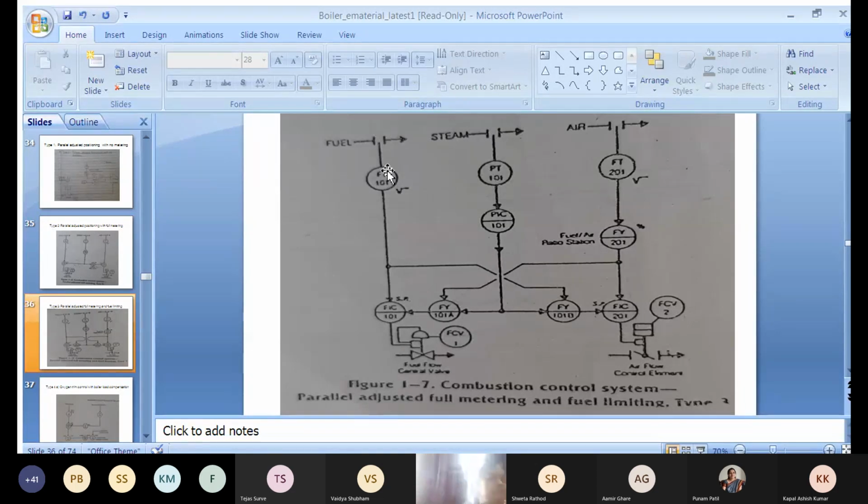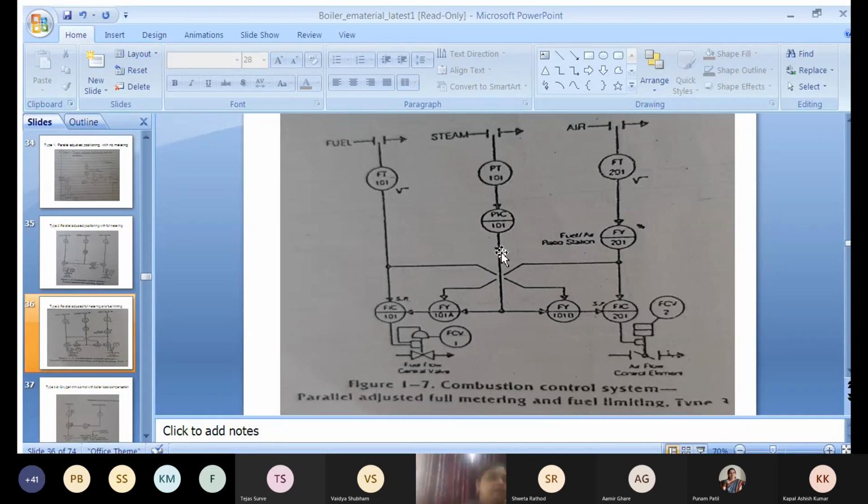That's why if the fuel supply is more, that signal is given to the high selector switch. So out of these two signals for FY101B, the higher one is selected and given to FIC201 to take charge of this control valve.